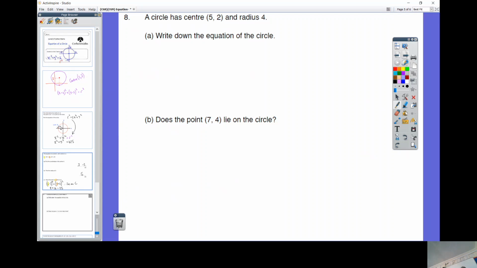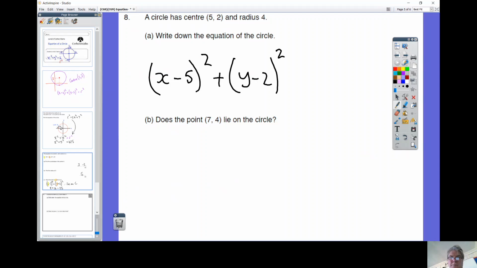Let's just do part A. So question 8, please, can you just do part A? So that's all you had to do for part 8A.